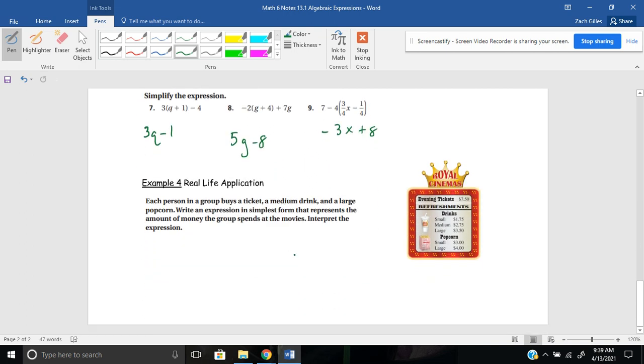Lastly, we have the real life application. It says each person in a group buys a ticket, a medium drink, and a large popcorn. Write an expression in simplest form that represents the amount of money the group spends at the movies, and interpret the expression.